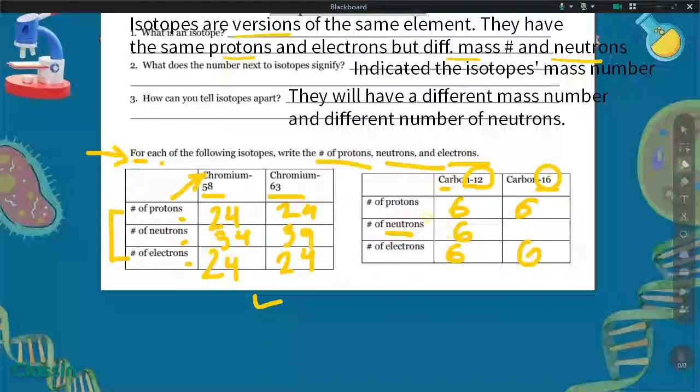Because again, if you add neutrons and protons, that would be your mass number. For this one, we also deduct 16 minus 6, which is 10, and that would be the neutrons, because if you add neutrons plus protons, we get the mass number of 16. So, all right, this is how you're going to find the number of protons, neutrons, and electrons of these isotopes.